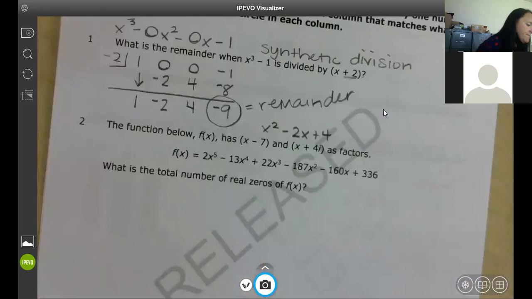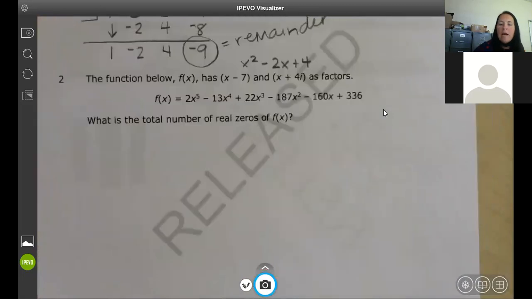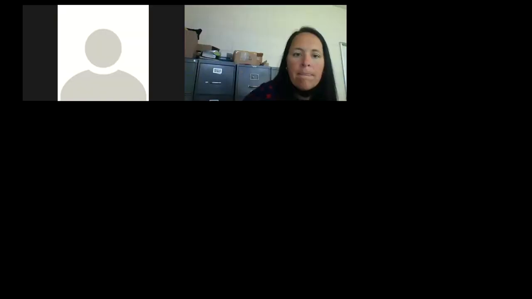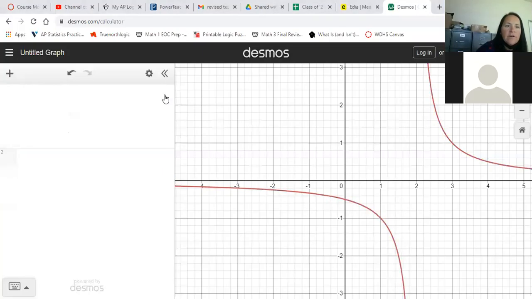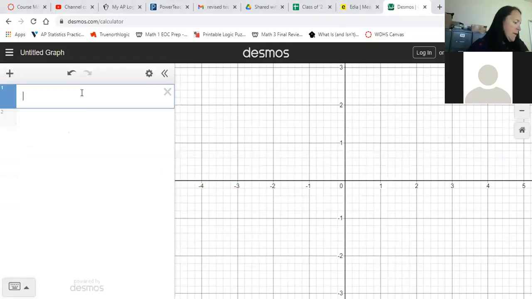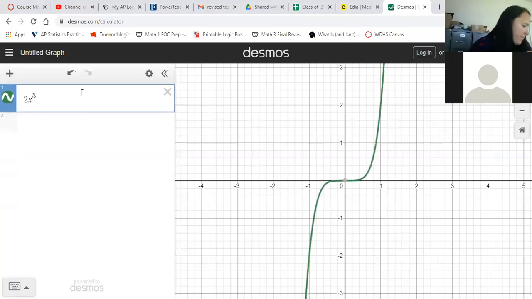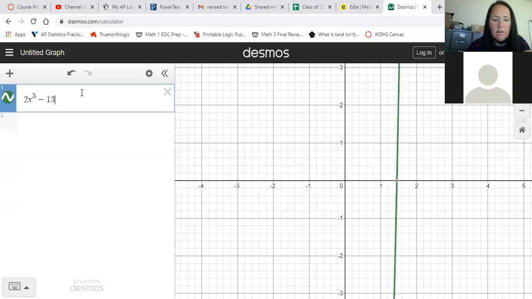All right. Look at number 2. I'm going to go to Desmos for this one. And I'm going to put this function in. It is 2x to the 5th minus 13x to the 4th.